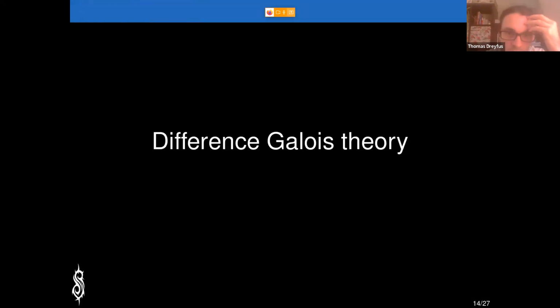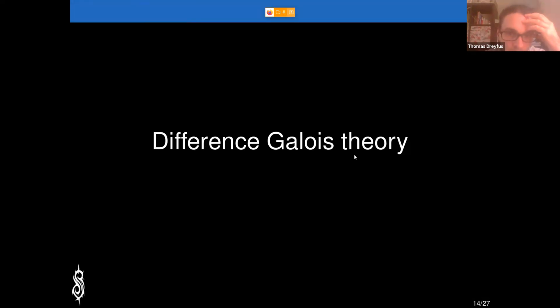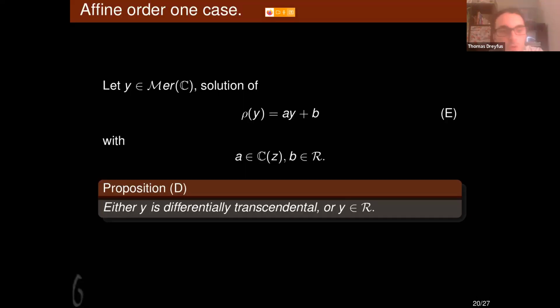So R is a ring made with exponential and h-periodic function. So either y is differential transcendental, or y belongs to a small ring.